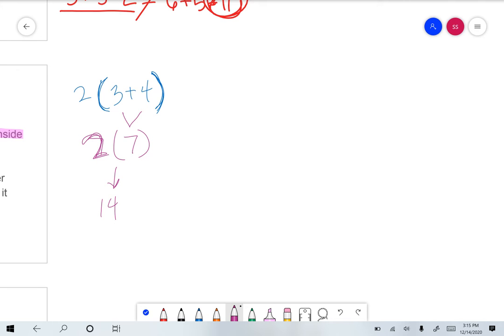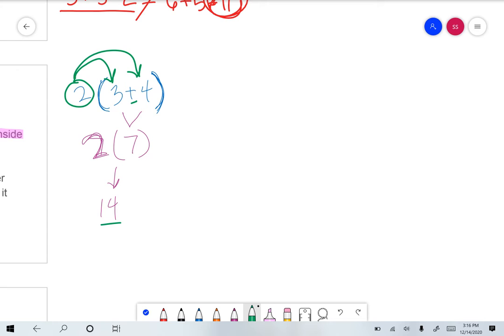Okay. What distributive property says is that we can multiply whatever is outside the parentheses by everything inside the parentheses, and then find the sum, and it will give us the same answer. It's kind of a long sentence, so let's do this together.